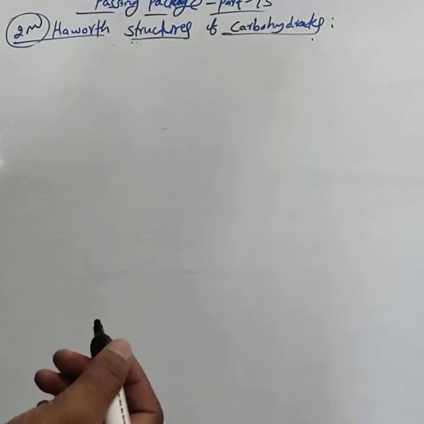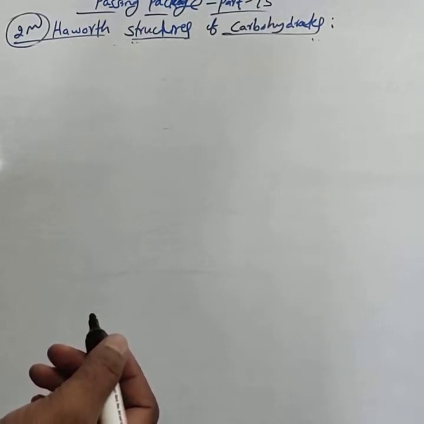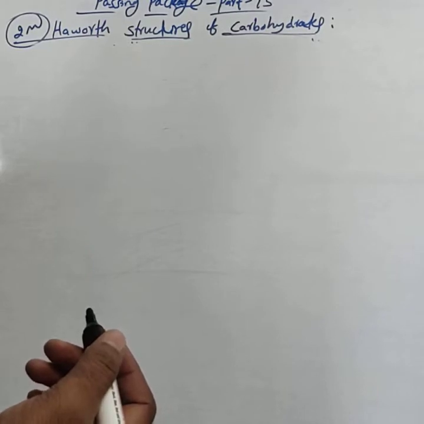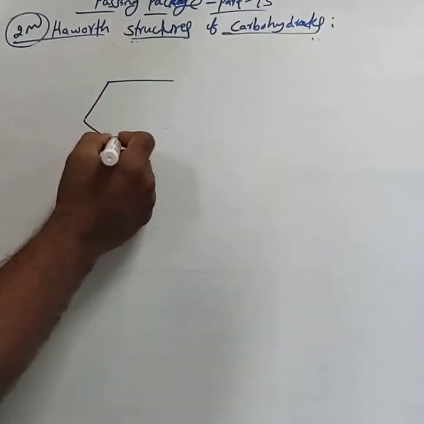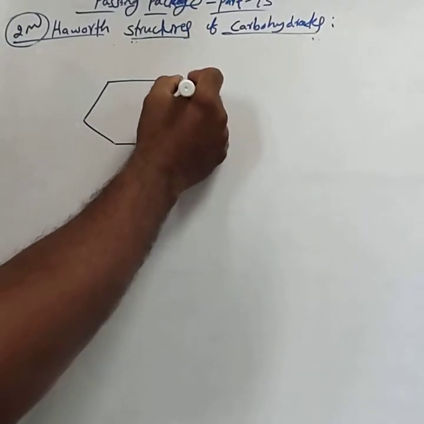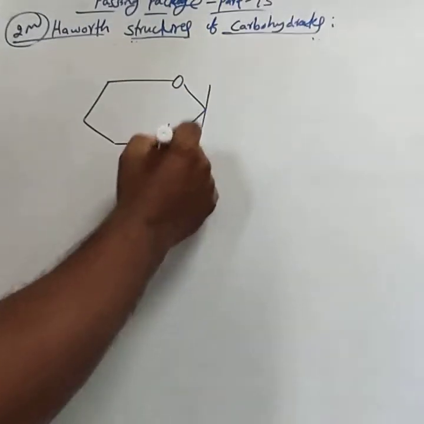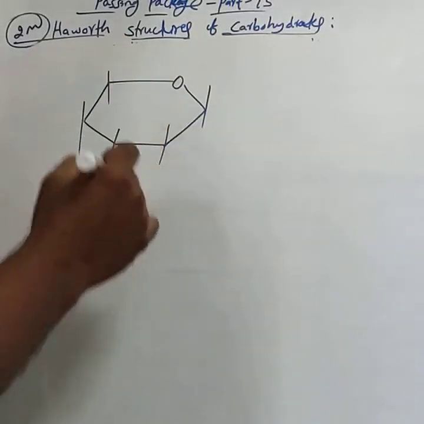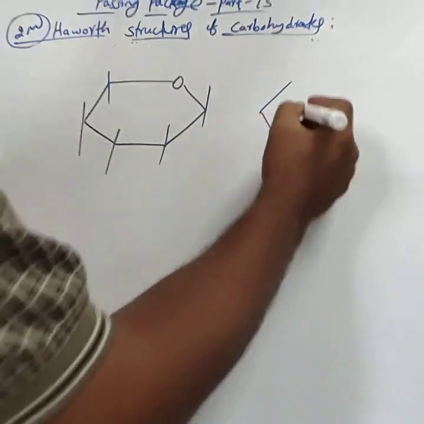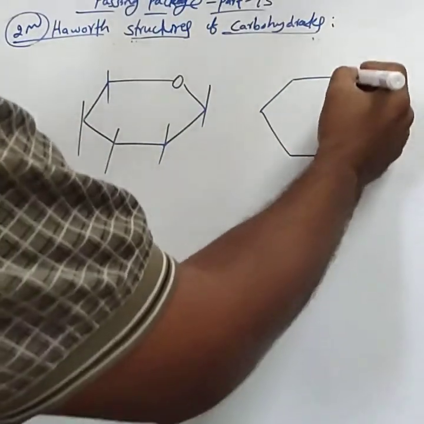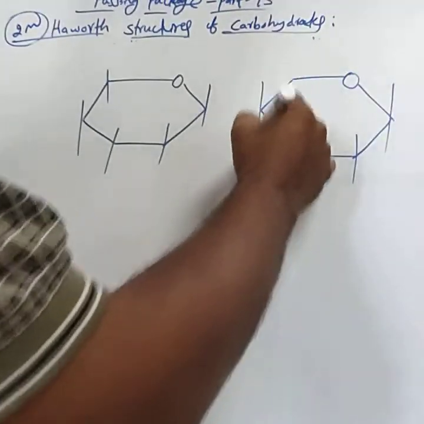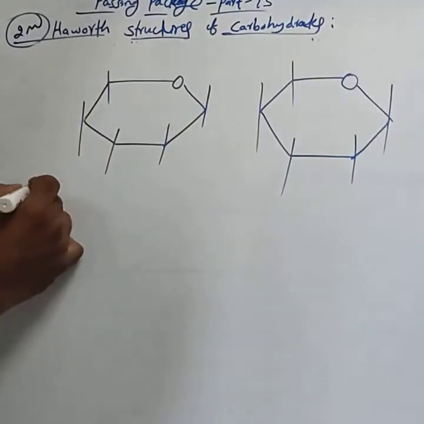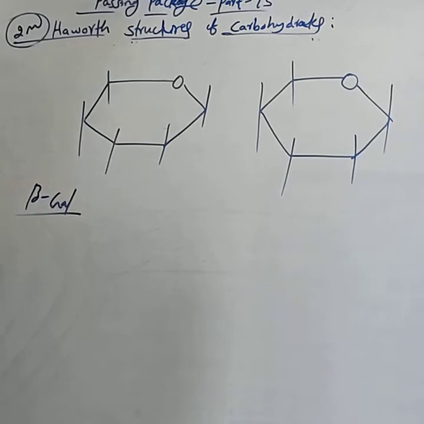Lactose is made up of beta galactose and beta glucose. First consider beta galactose, and another one is beta glucose. This is the beta galactose.